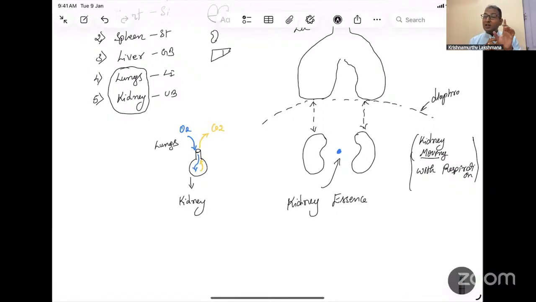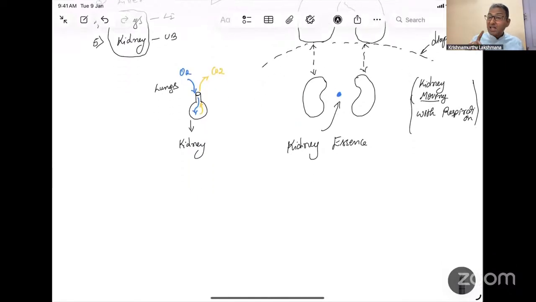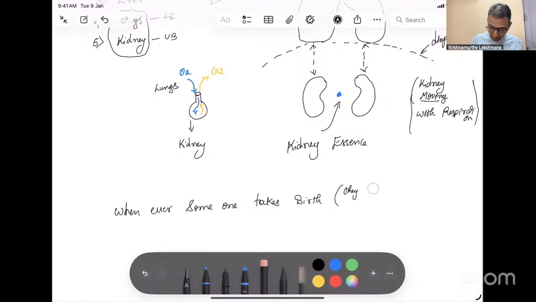Khemka sir has written in the beginning part of treatise 7 that whenever someone takes birth, they come with a fixed number of breaths, a prefixed number of breaths.